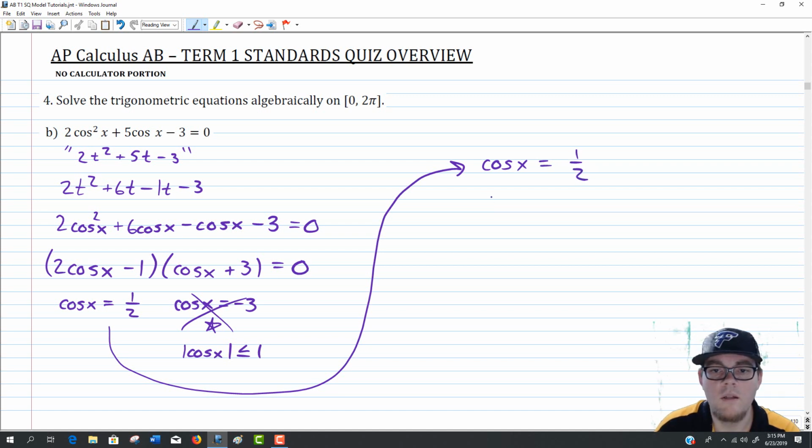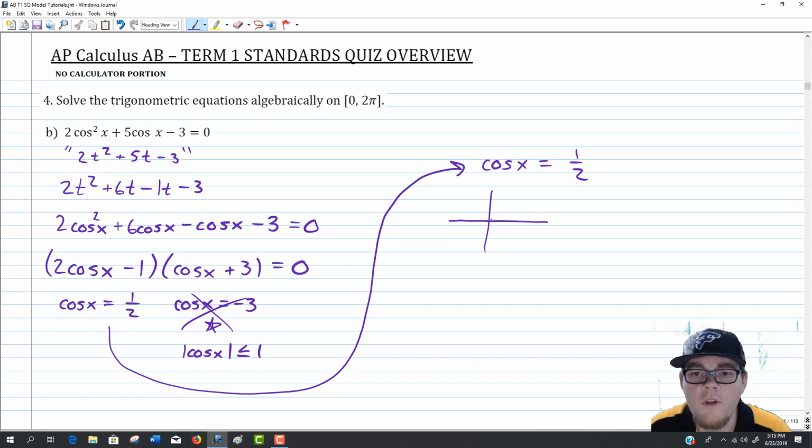So doing a quick little analysis here. Again, this is usually what I do. I actually look at it this way. So if cosine is positive, since 1/2 is a positive ratio, that's going to give us, of course, one angle, x, in quadrant 1. But then cosine is also positive in quadrant 4. So we're going to have two different angles, one in quadrant 1, one in quadrant 4. As far as our angle pieces, cosine is 1, that makes the hypotenuse 2, that means this is root 3.